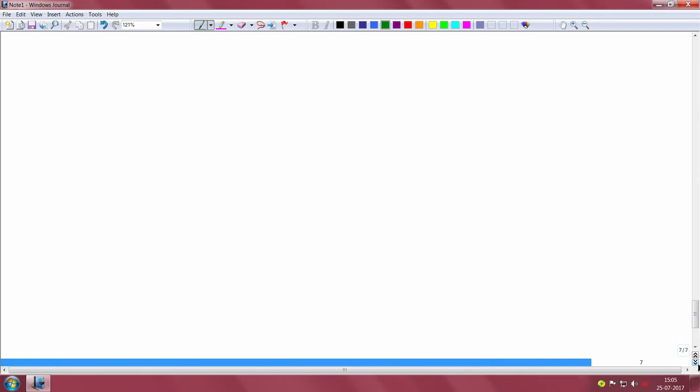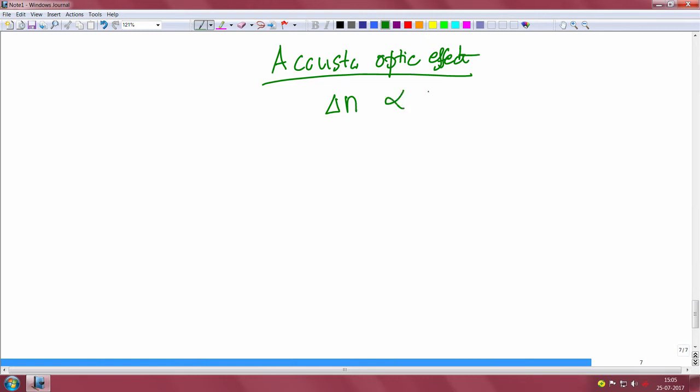Now, let us go to another important effect called the acousto-optic effect. The acousto-optic effect essentially implies the change in the refractive index of the medium with applied stress fields.